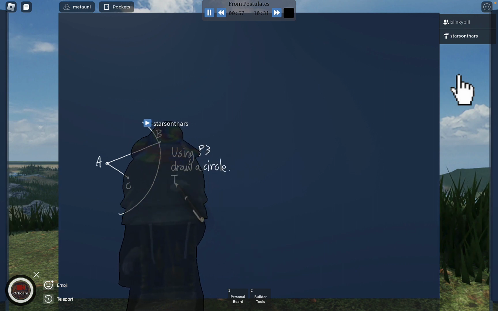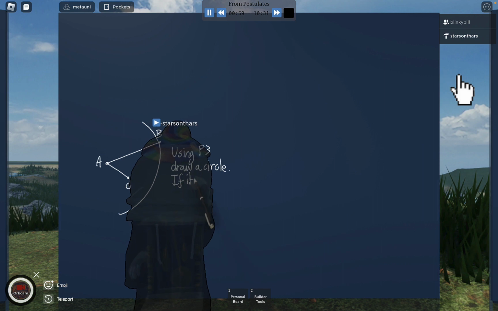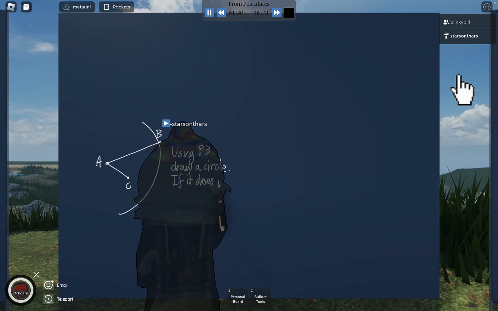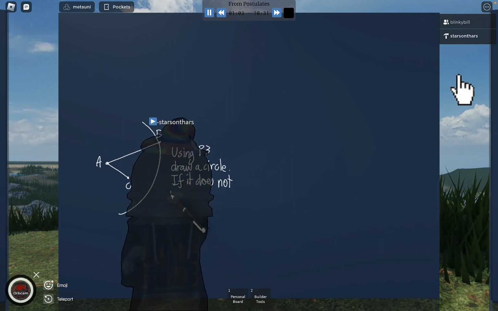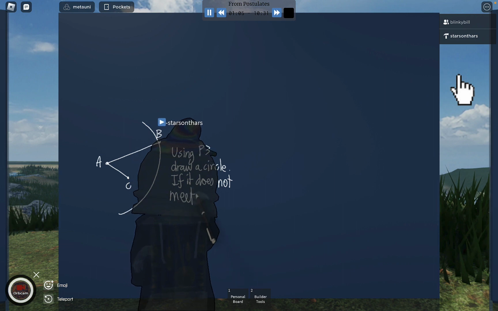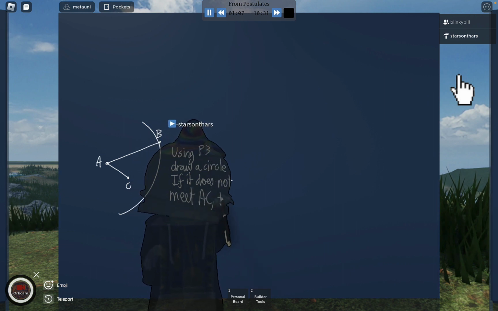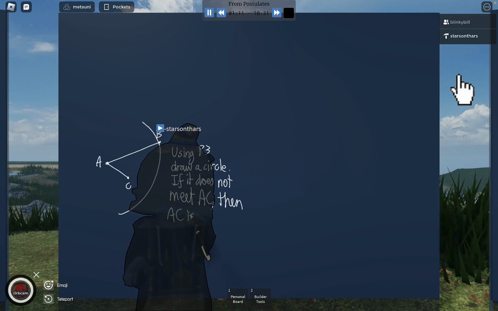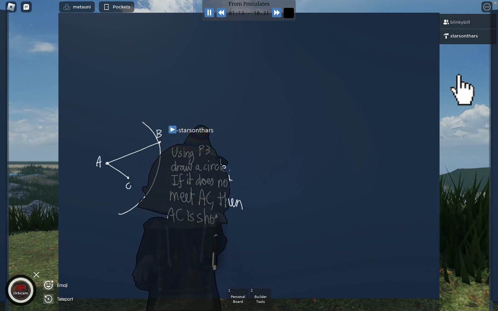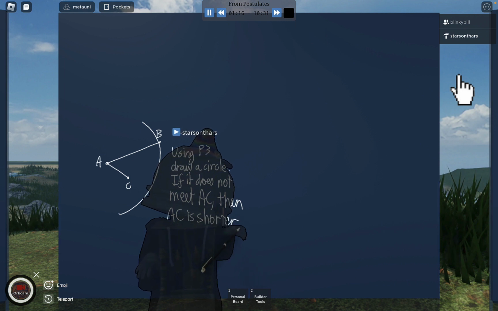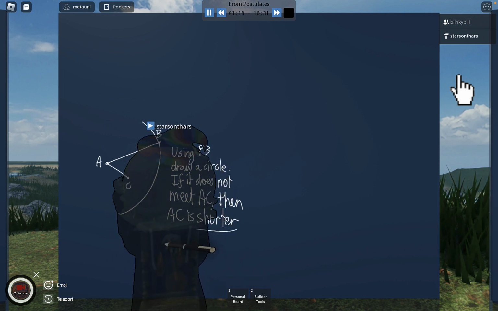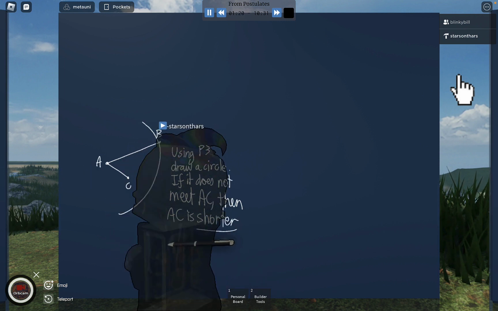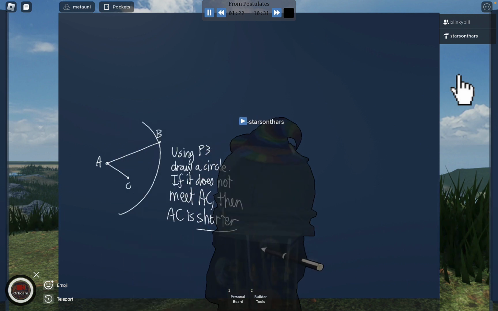If it does not meet AC, then AC is shorter. Okay, I hope that's pretty clear from the picture. Have a think about how that corresponds to the use of the physical ruler.